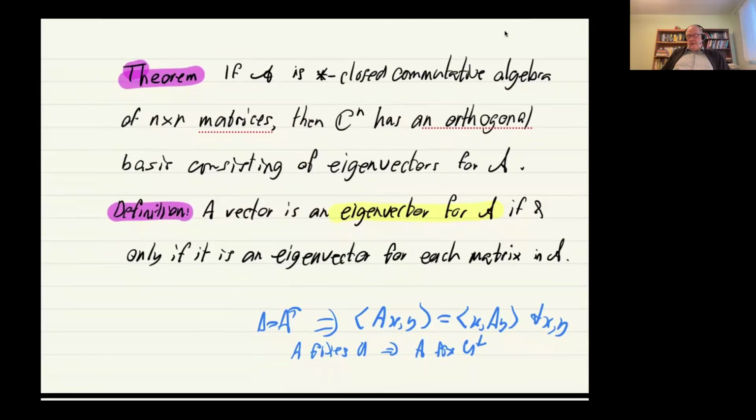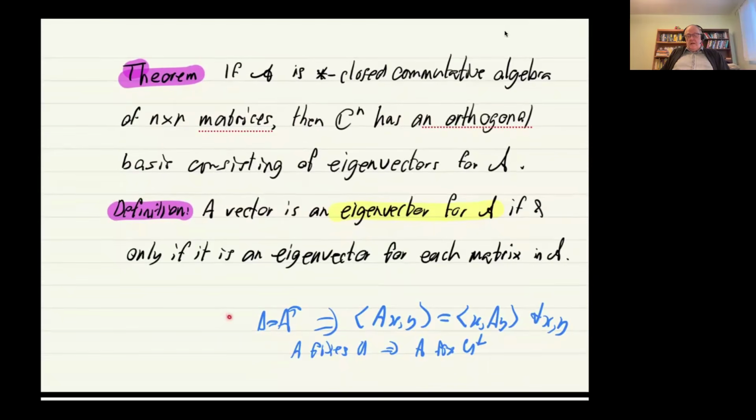For Hermitian matrices, I'll say something about that as I go. But the point is, what I was discussing here is what you're likely to see in your undergraduate course in linear algebra, okay, where you diagonalize real symmetric matrices. They often don't go to the complex case. Does that make sense?